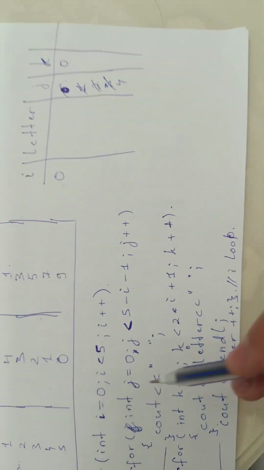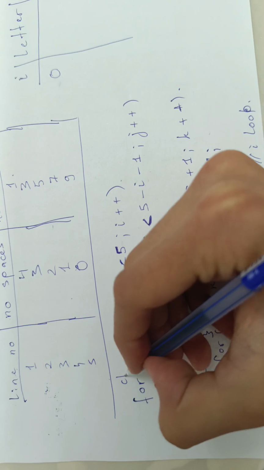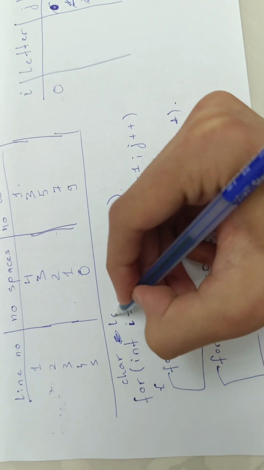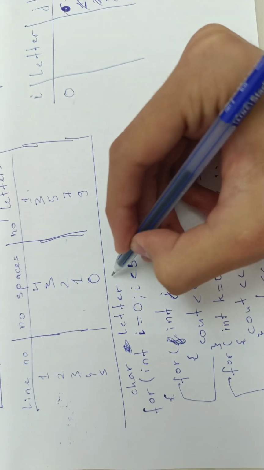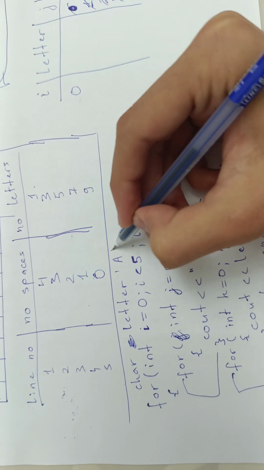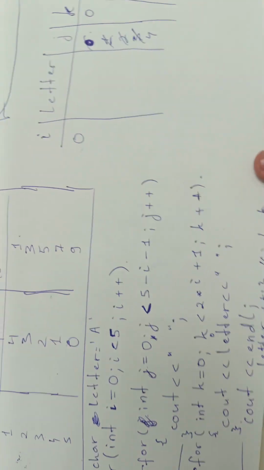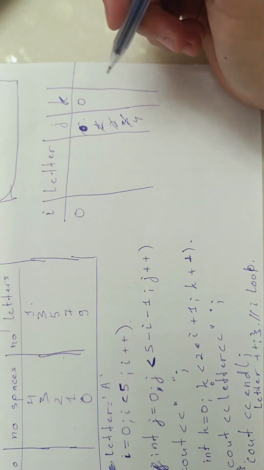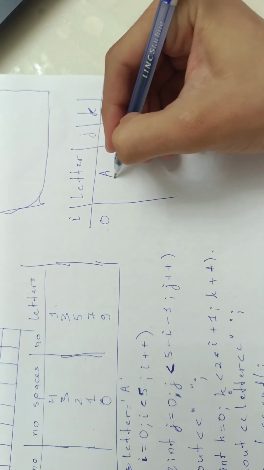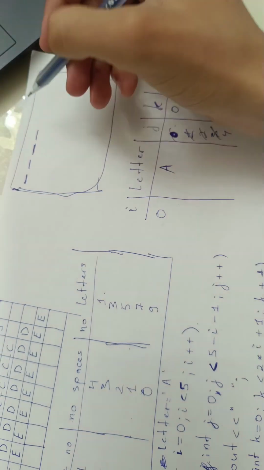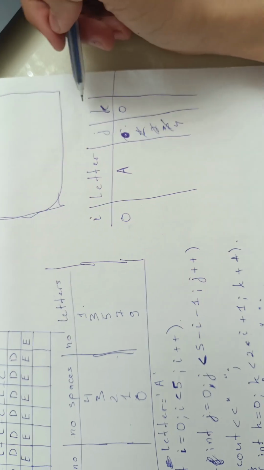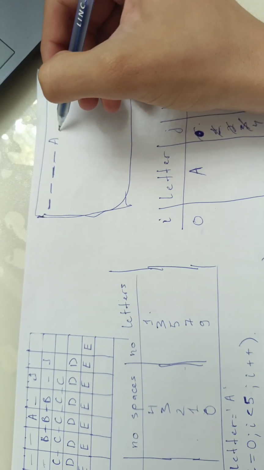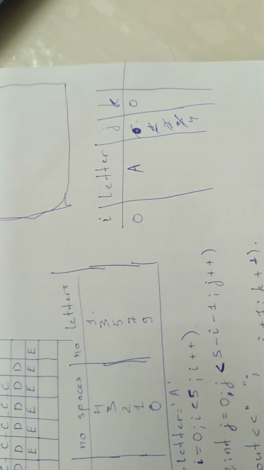Our letter is, let's write here, char letter. Our letter is A, letter equals A. So 1 A and 1 space will be printed.